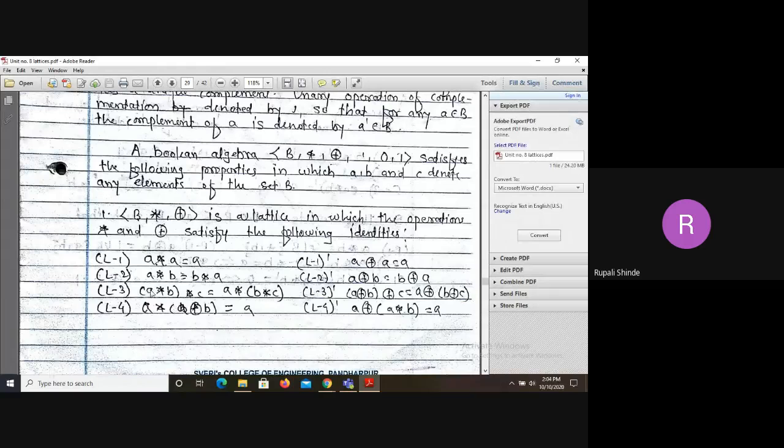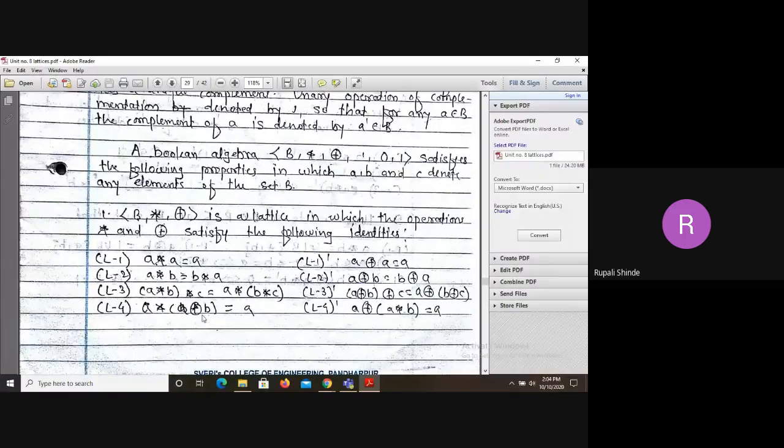Third property is the associative property. So A star B, star C, equals A star, B star C. Just we have changed brackets here. Likewise, we can write this for the XOR operation as A XOR B, XOR C, equals A XOR, B XOR C. And the last property is absorption.